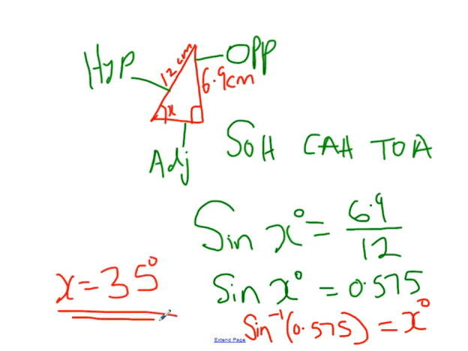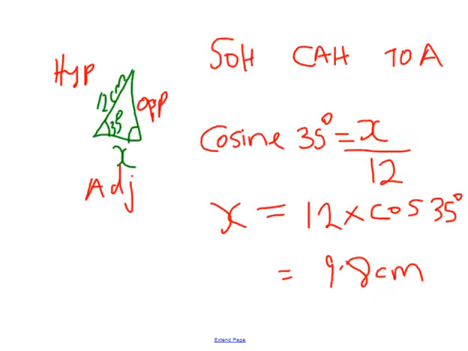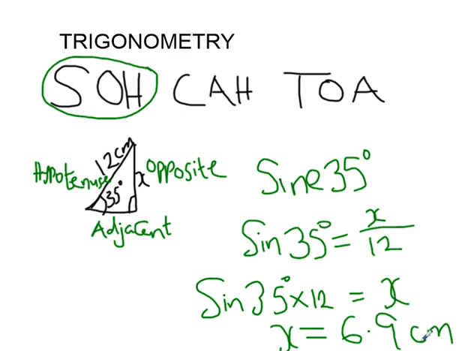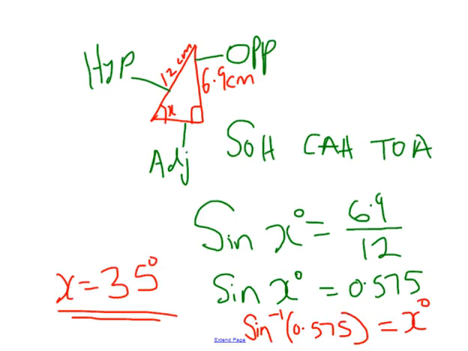When we said this bit here was 6.9, we got 6.9 for this bit when the angle was 35 degrees. And actually that is correct, because when we knew this was 6.9 and we were trying to find this angle, we got 35 degrees as well.